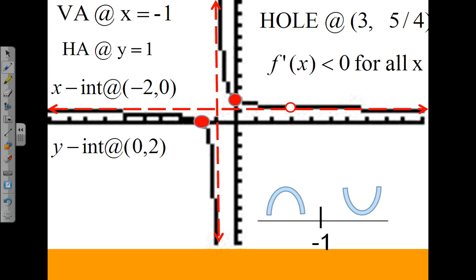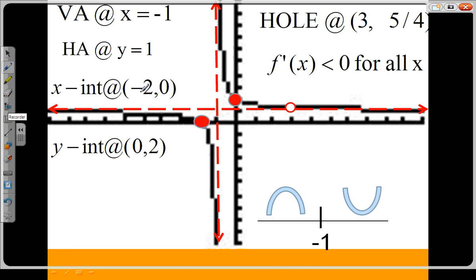And we have our concavity, and you can see that on both sides, negative 1. I don't know what else to show you. That's pretty much how you do it.